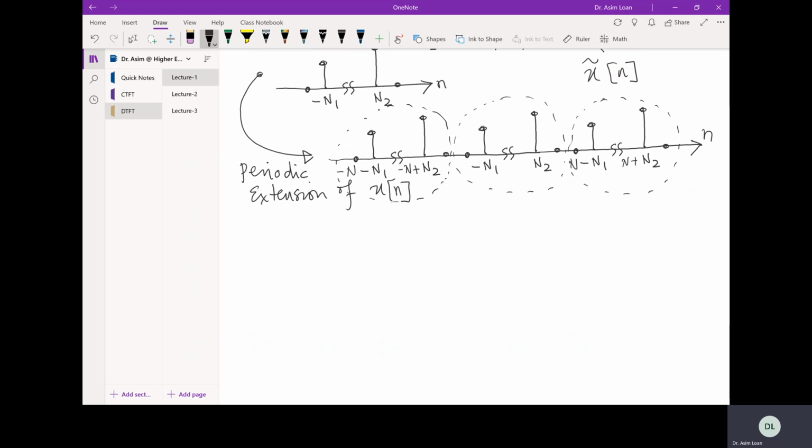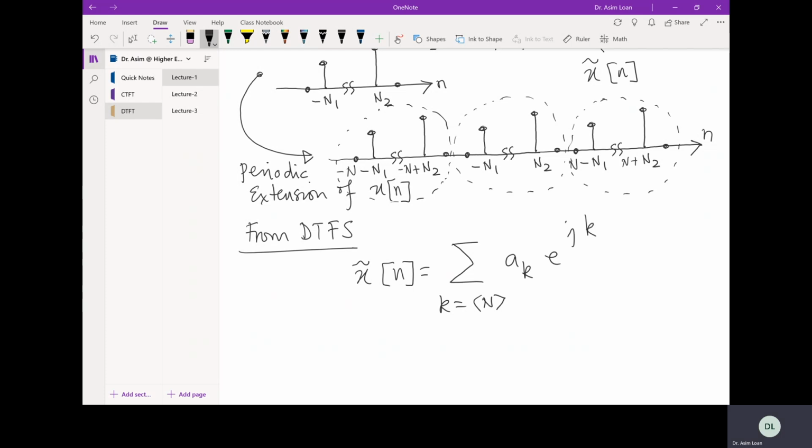Okay. From discrete time Fourier series, we know x tilde of n equals the sum over k, n points, a k e to the j k 2 pi by n. This, by the way, is omega naught.